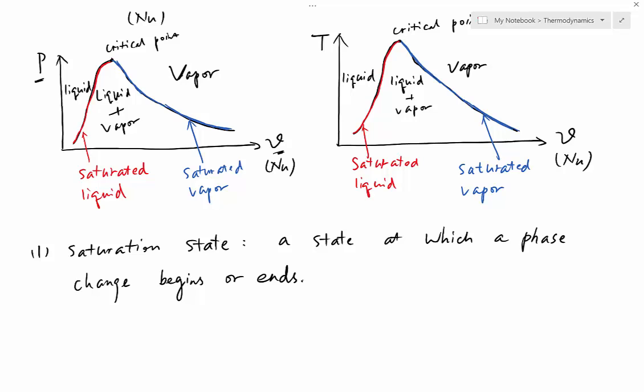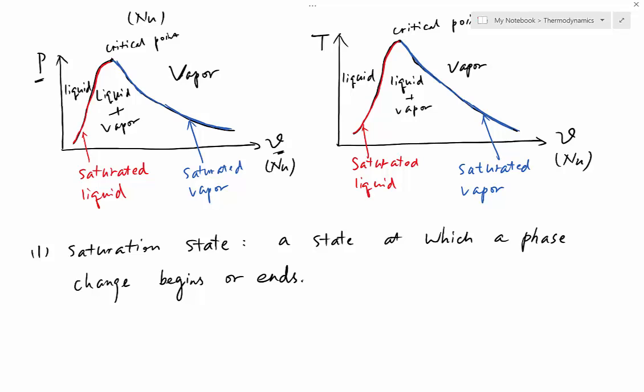And at that moment, when liquid starts to vaporize, you call it saturated liquid. That's the definition of saturated liquid. That's when the phase change from liquid to vapor starts.